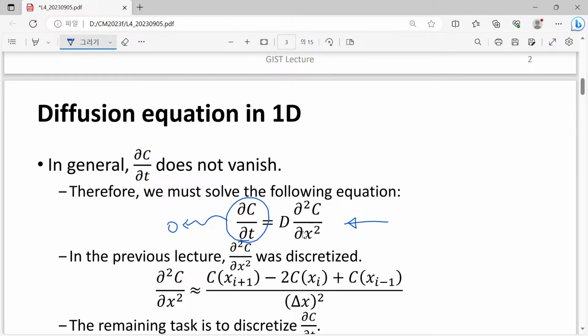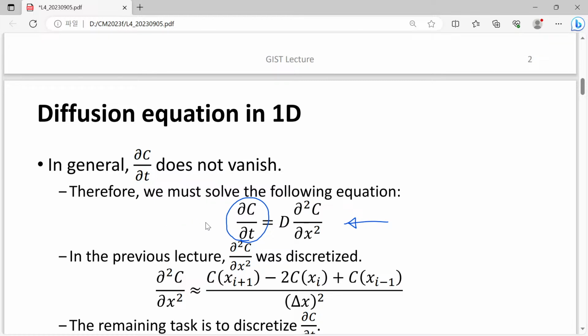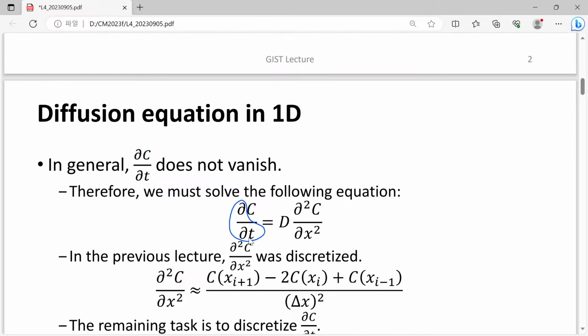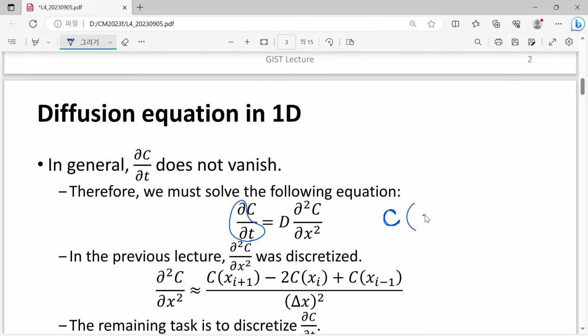After that we had just a second order differentiation, but now we wanted to keep this time derivative term. Then what happens? Now we have to solve for our concentration as a function of real space and, at the same time, the time variable.